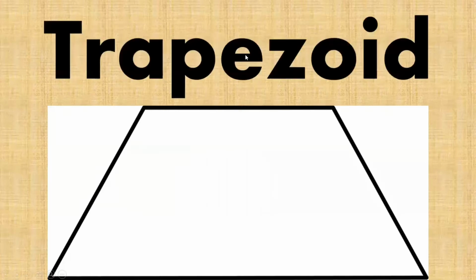Next. Do you know what shape is this? Let's count the sides. We have 1, 2, 3, 4 sides. This one is a trapezoid. Trapezoid. Let's spell trapezoid together.